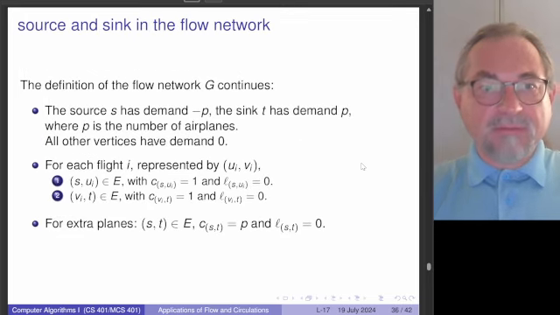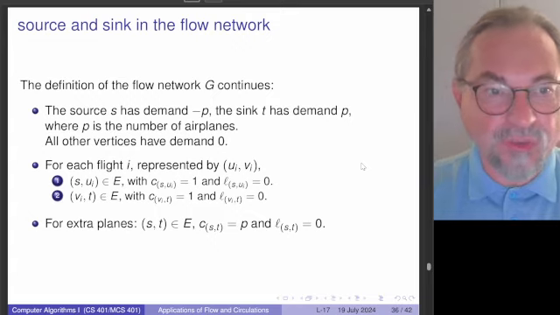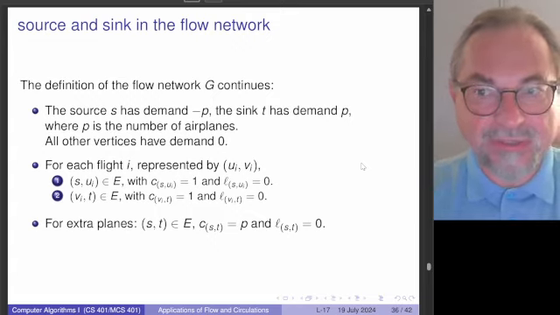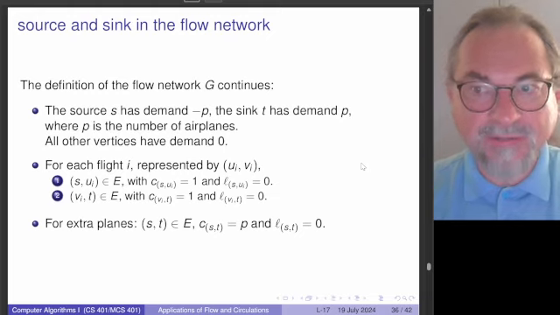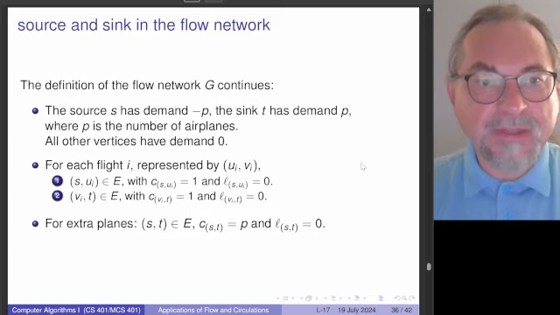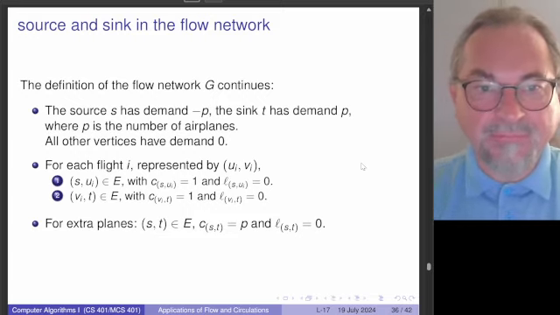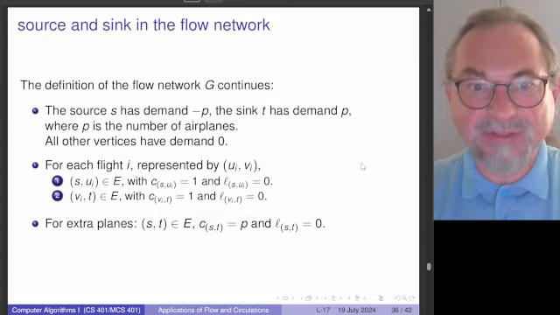Okay, we have to add a source and a sink. So this will be translated into a circulation with demands and lower bounds. That's a problem that we discussed in the previous lecture. So we have a demand of minus P. Minus demand means actually supply.